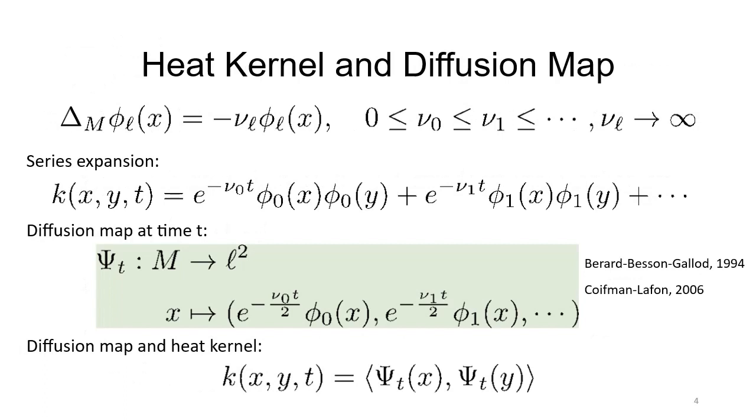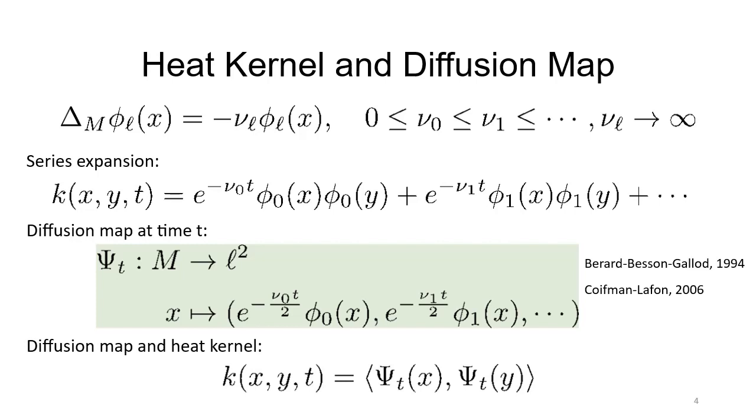On the manifold, let's take the same Laplace-Beltrami operator and we look for the eigenvalues and eigenfunctions. The eigenfunctions we call phi_l. The eigenvalues we call nu_l. And you can see that the eigenvalues nu_0, nu_1 keep increasing all the way to infinity.